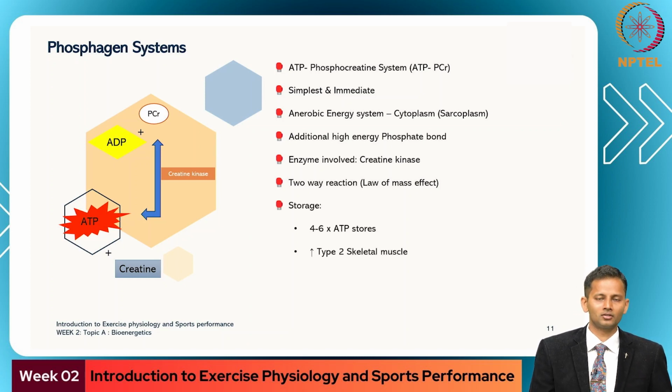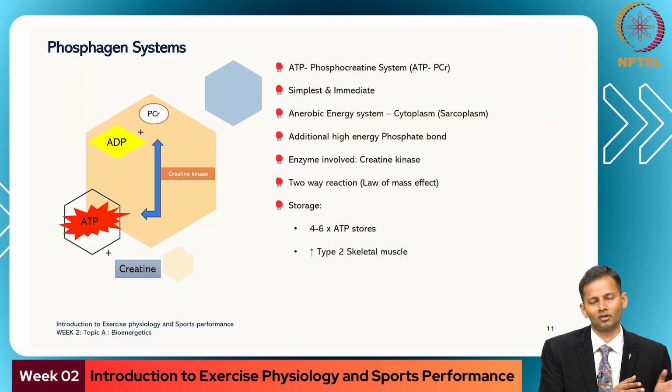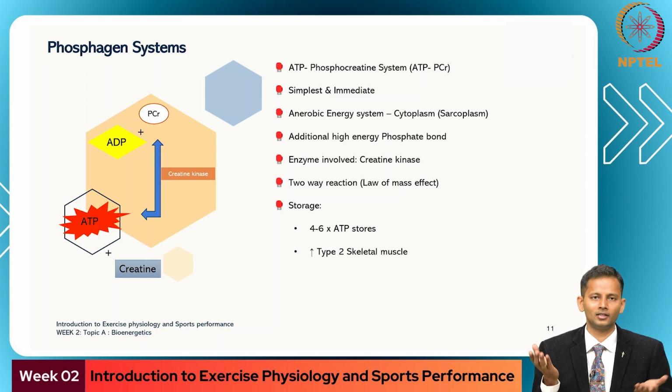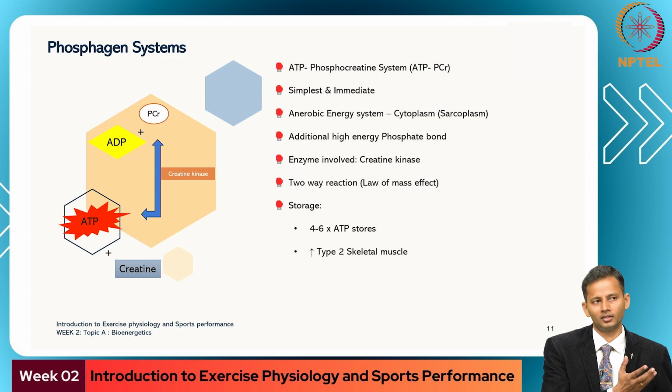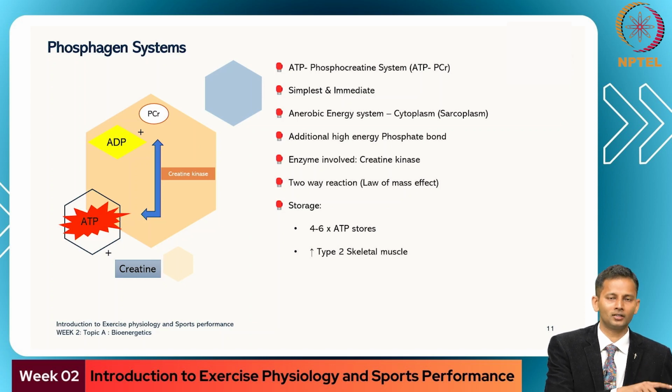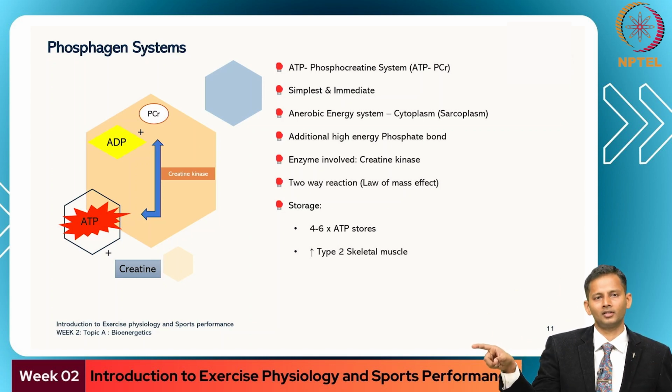There is something called the law of mass effect, that is dependent on the available mass of the product or the reactant. When you find an increase in the mass of the products, say for example production of ATP, it negatively sends a signal, thereby there is reduction in the reaction.